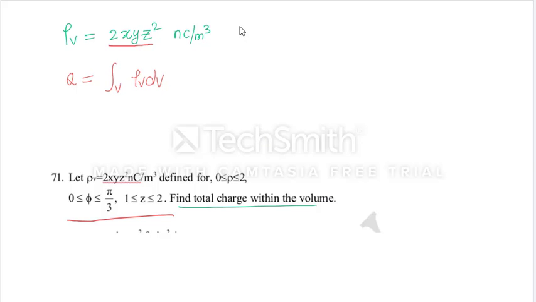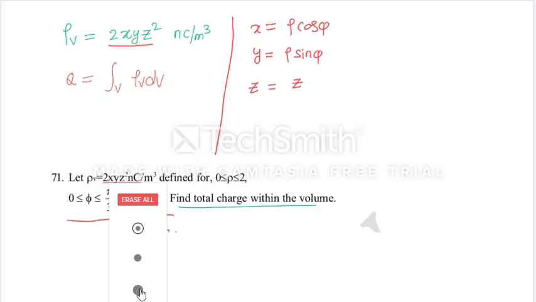As we know, the conversion relations for the cylindrical system are: x is equal to rho cos phi, y is equal to rho sin phi, and z is equal to z only. Cartesian z and cylindrical z are both the same.